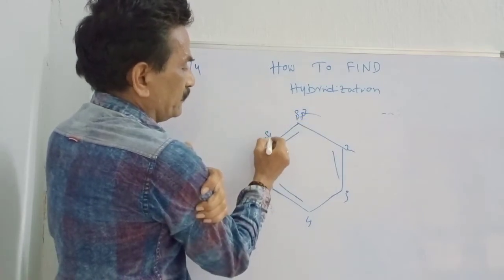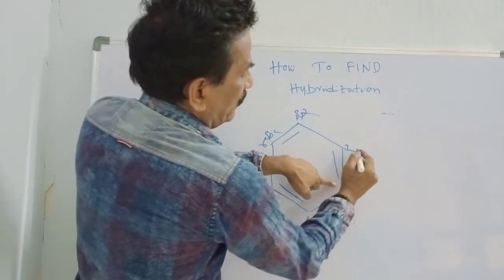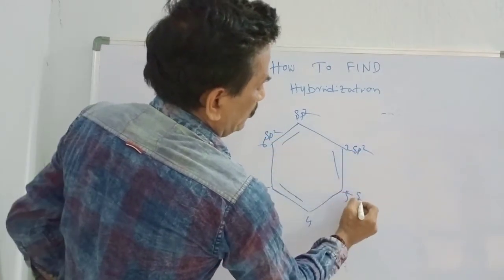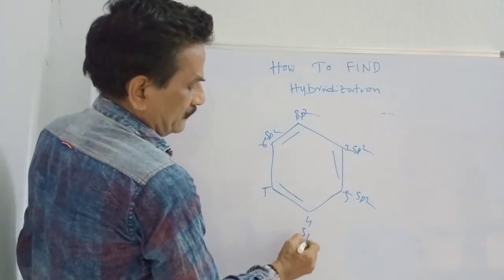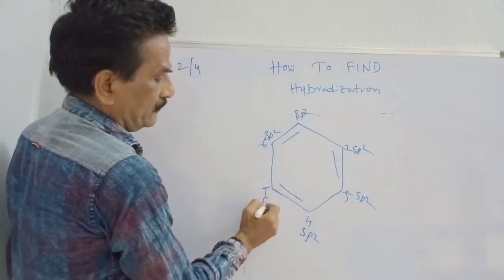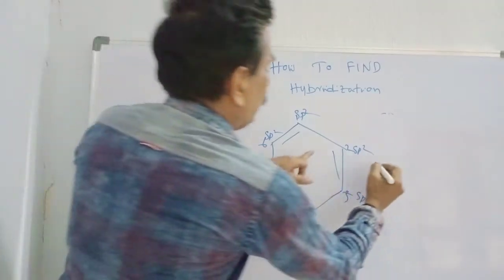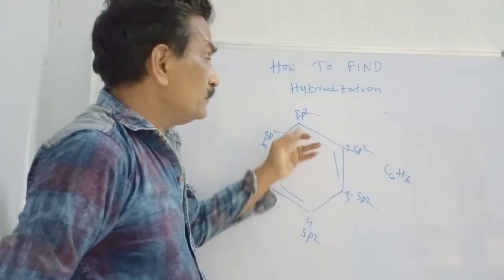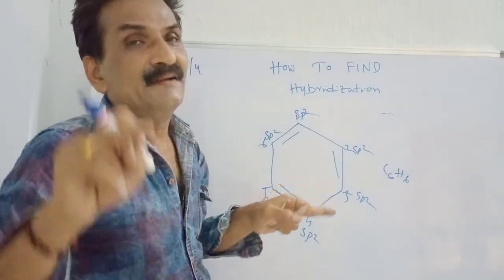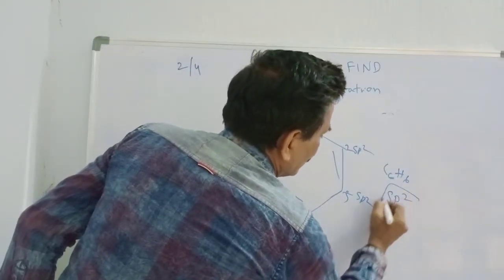Here double bond, sp2, sp2. What is the formula of benzene? C6H6. So each and every carbon in benzene undergoes sp2 hybridization.